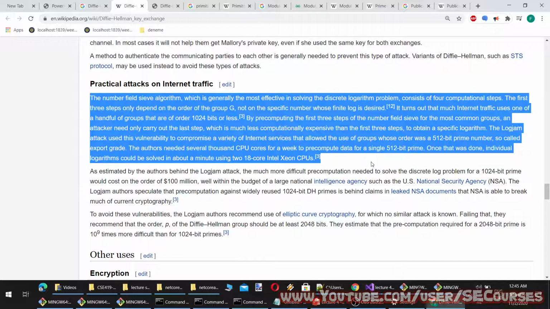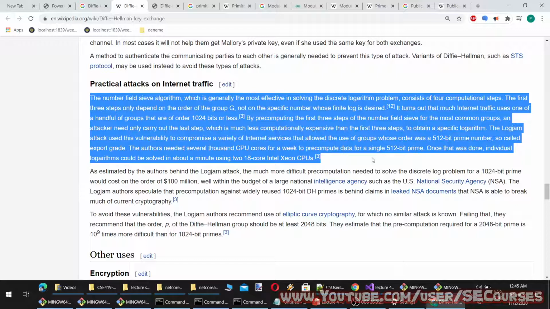It turns out that much internet traffic uses one of a handful of groups that are of order 1024 bits or less. By precomputing the first 3 steps of the number field sieve for the most common groups, an attacker need only carry out the last step, which is much less computationally expensive than the first 3 steps, to obtain a specific logarithm.